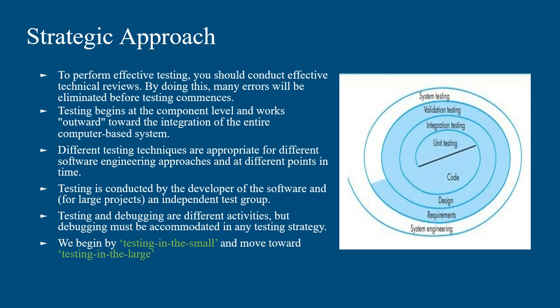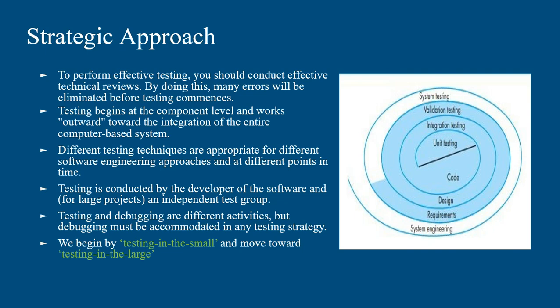Each program we call a coding. For that coding part we apply unit testing. That means each program is separately checked to make the program free from bugs, which we call debugging. So at the level of the coding we apply unit testing.